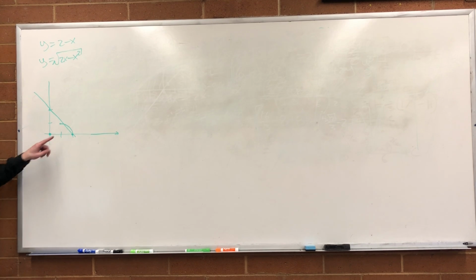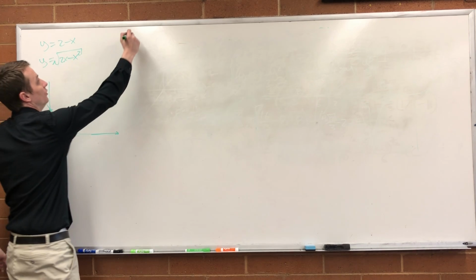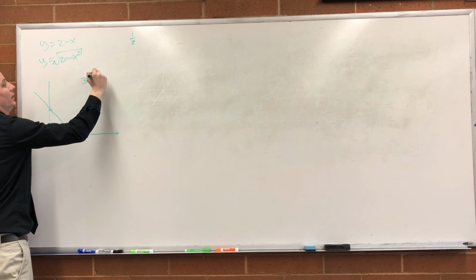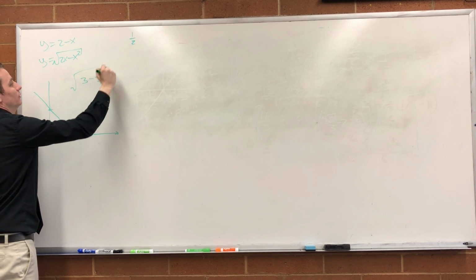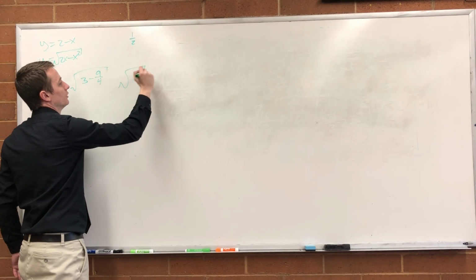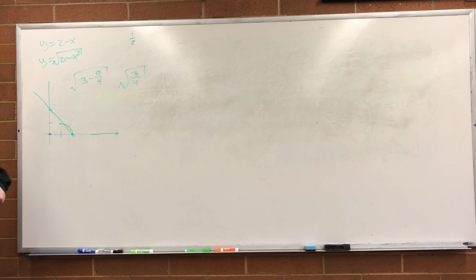Let's pick a number really quick, like right here, 3/2. Let's see which of these is on top. When I plug 3/2 into that, I get 1 1/2. When I plug 3/2 into this, I get the square root of 3 minus 9/4, which is 12 minus 9 over 4, the square root of 3/4. Is the square root of 3/4 greater than 1/2?